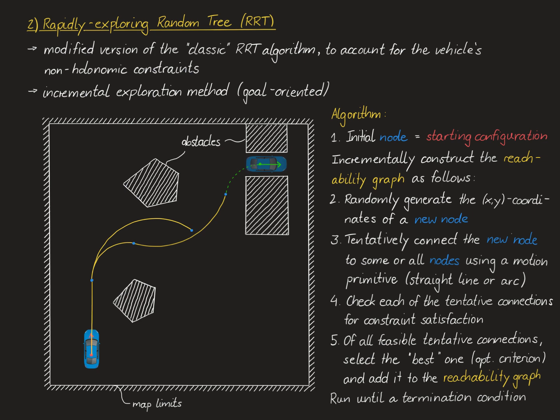We probably want to sample nodes which lie on the direct connection between the starting configuration and the goal configuration, with a higher probability than nodes, for instance, that are in some other corner of the map. Also, we want to sample the goal position as a new node with some probability in each step of the algorithm.